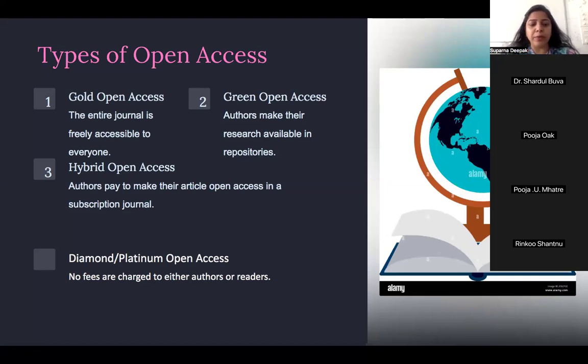I will also tell you one more thing. Because we are from a developing country, some of these journals have provisions where they will give you some rebate, some discount in the APC charges.